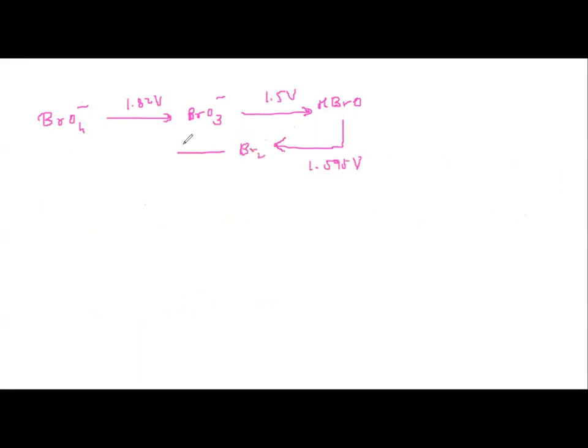BrO4 minus forms BrO3 minus with 1.82 volts EMF value, then with 1.5 volts it forms HBrO, then with 1.595 volts it forms Br2, and then with 1.0652 volts it forms Br minus. So they have given the EMF values.